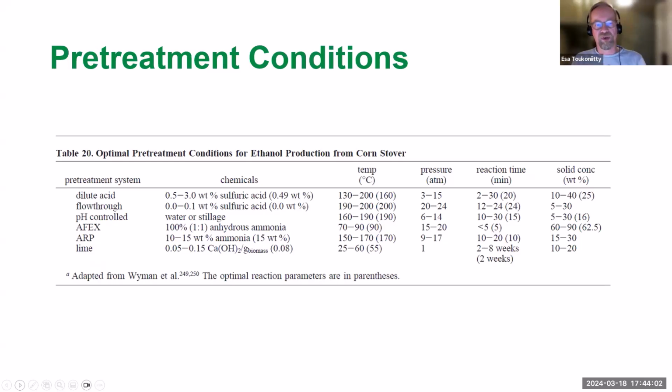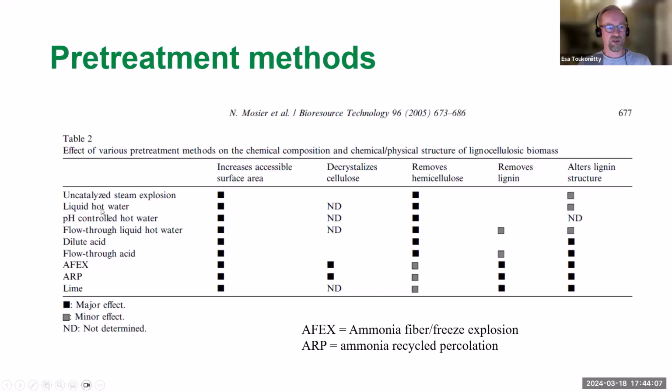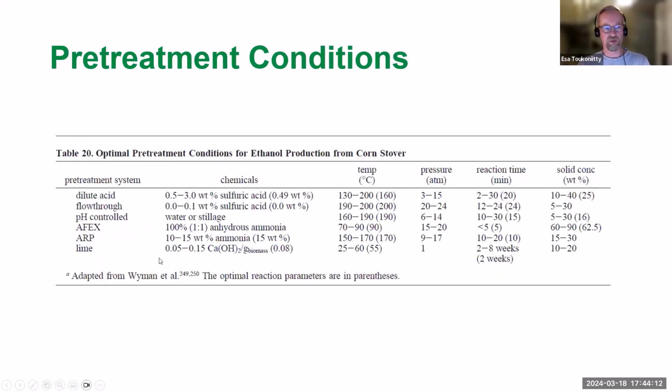This is more detailed information about the methods. Most of these methods are included in this table, but this gives you an impression of what type of chemicals and what type of conditions are used for the wood pre-treatment. In the majority of cases, temperatures are not industry-wise very high, but you need to increase them.